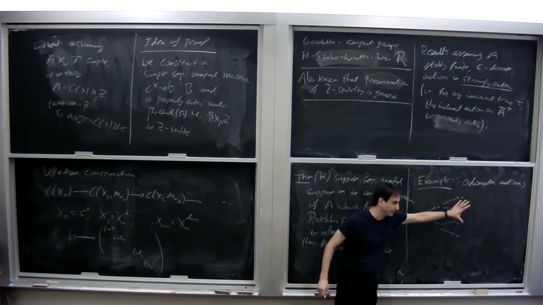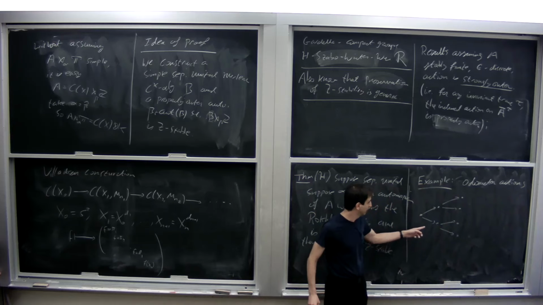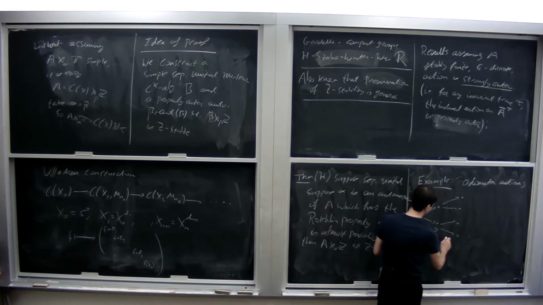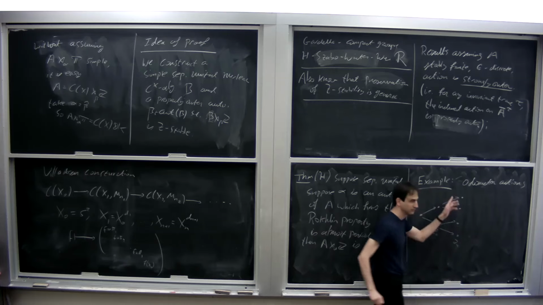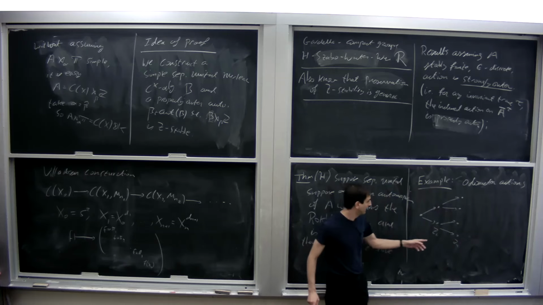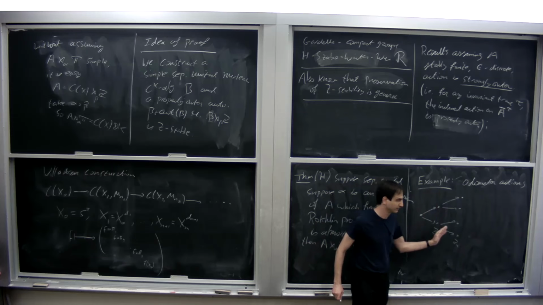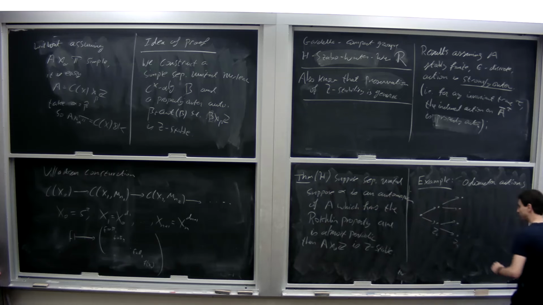So I'll do the binary odometer, and think of those as being listed by, let's suppose this is like Z mod 2, and this is Z mod 4, and so on, parameterized like that. The way we map this to this would be to simply take the group element mod 2. So we have a surjective map from here to here, and we have an order 2 flip here, we can flip those two.